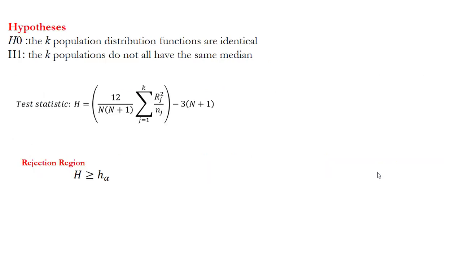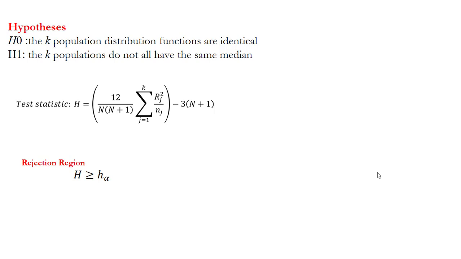So the hypotheses that we employ in a Kruskal Wallis test are: H0, the k population distribution functions are identical, and the alternative, the k populations do not all have the same median.